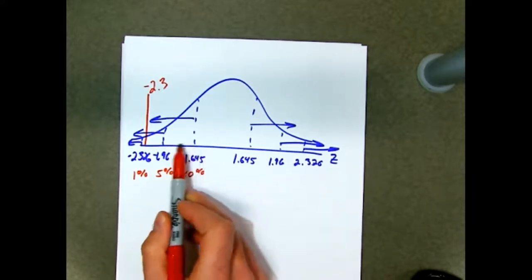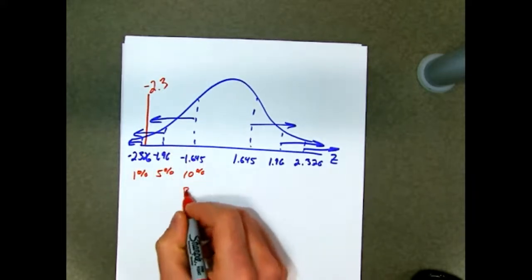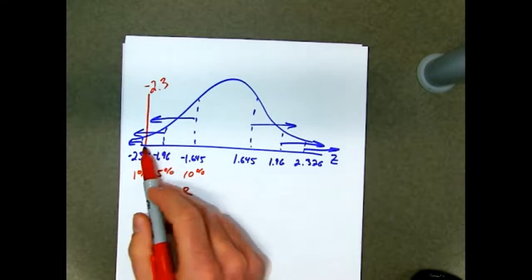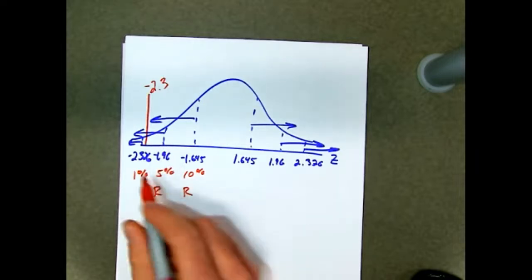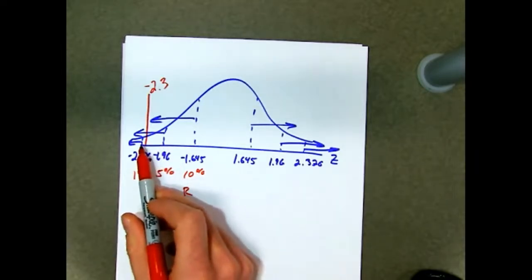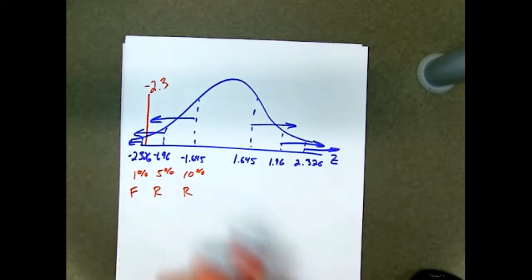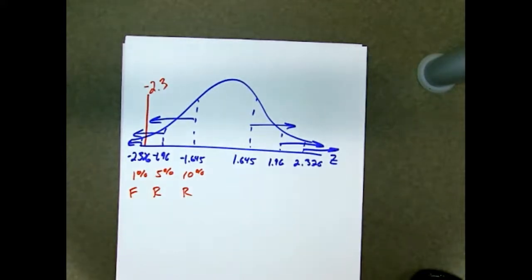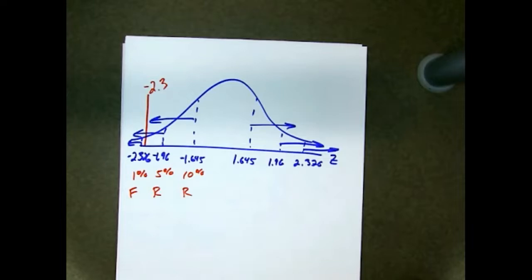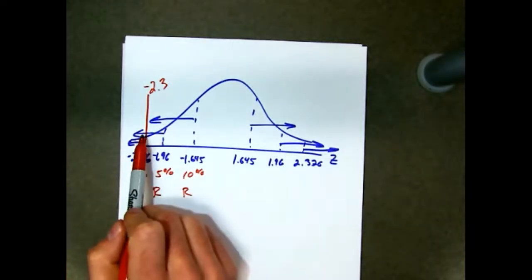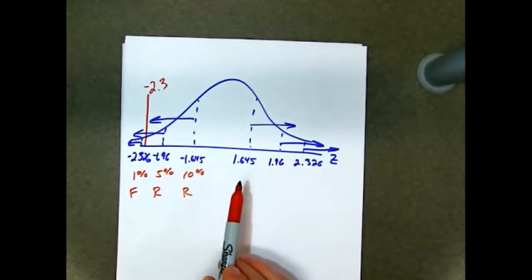So here, we're in the rejection region at the 10% level, so we reject. We're in the rejection region at the 5% level, so we reject. We're just barely outside the rejection region at the 1% level, so we would say we failed to reject at that 1% significance level, okay? So all you're doing there with the critical value approach is you're plotting your test statistic against your critical values.